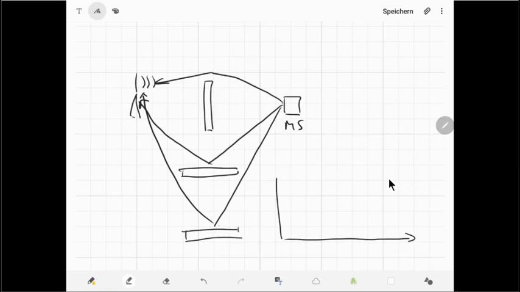And if we look into a timing diagram for these signals, then we see maybe the first signal which arrives is this one. This is a little bit lower than the original signal because of the shadowing. Then we have a signal which might be a little bit stronger, but later arriving.